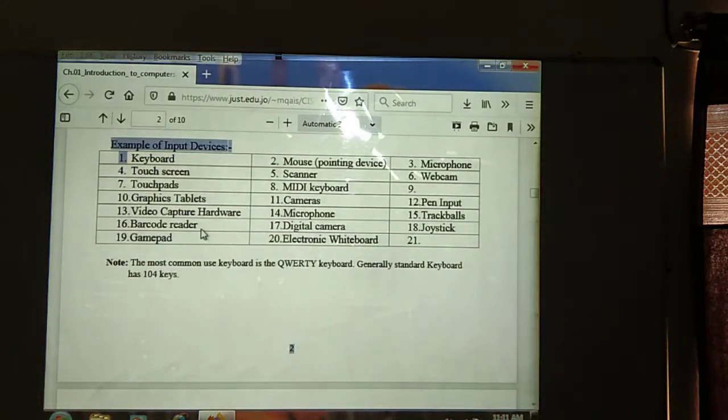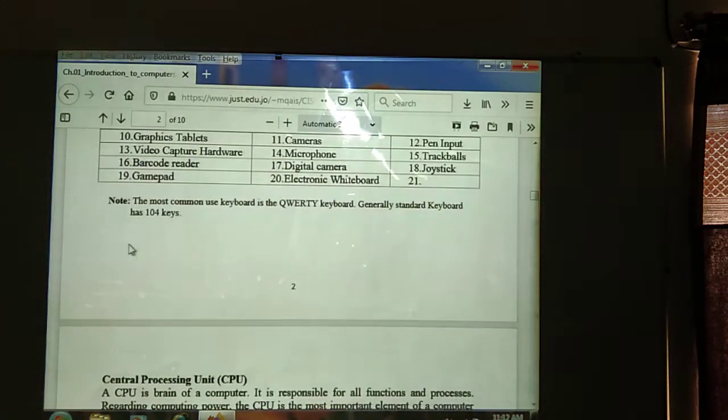In our supermarkets, whenever we purchase a product, in the billing section we have a barcode reader. Through that they can scan the barcode, and the product name, item, number of units, everything is displayed. Price is also displayed by using the barcode reader. Next, digital camera, joystick, gamepad, electronic whiteboard. These are all related to input devices.